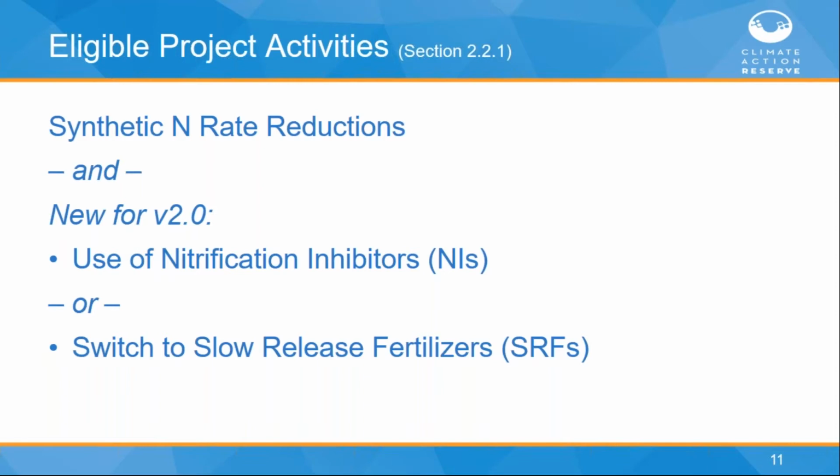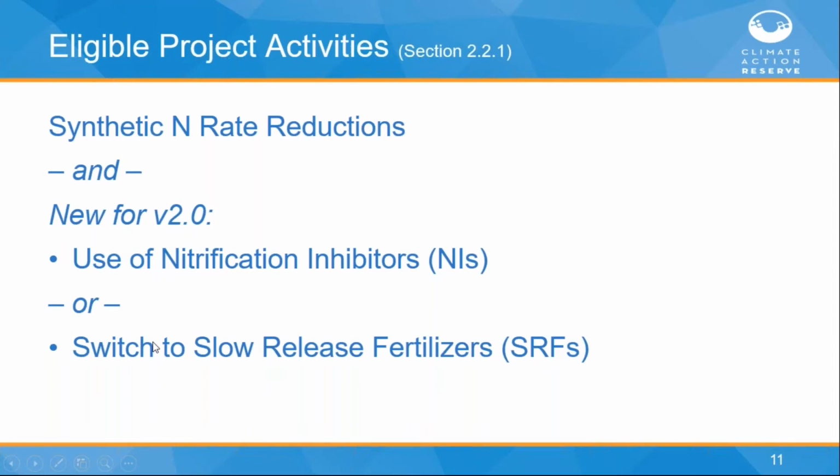The definition we use in our protocol for a nitrogen management project is the adoption and maintenance of one or more eligible project activities during the cultivation year of an eligible crop on one or more fields in an eligible project area that reduces N2O emissions. We get into those italicized components of the definition in the next slides to see what that all means.